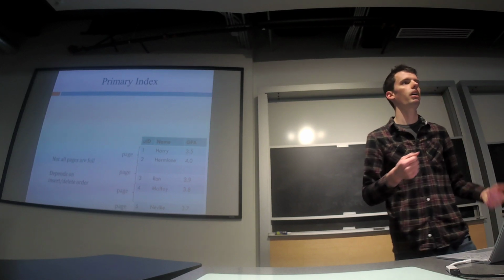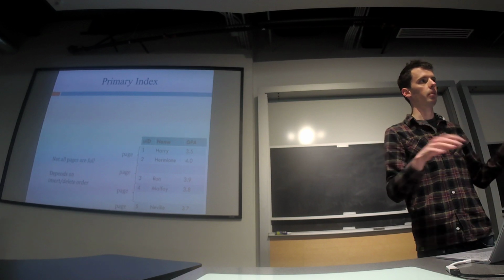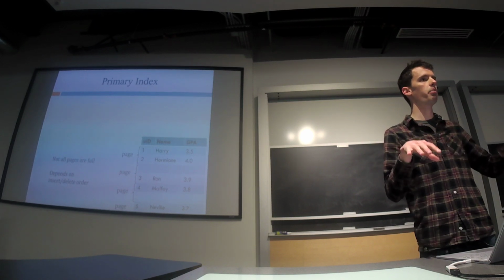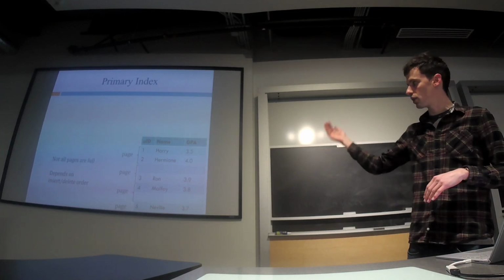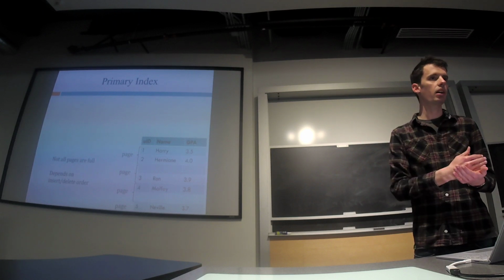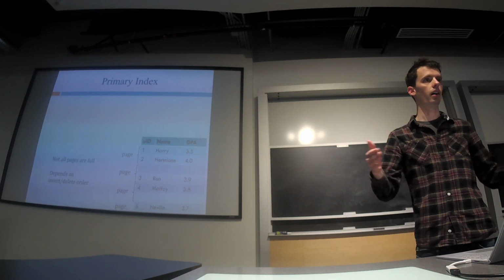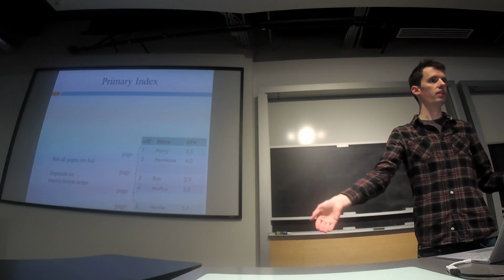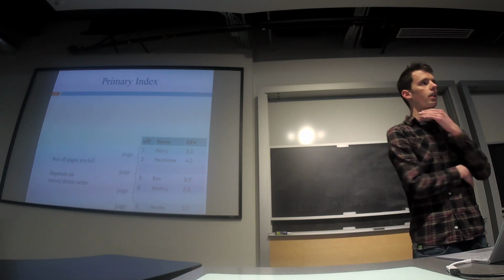Anytime I have to split a node to make room, I'm going to end up with 2 half-empty nodes, 2 half-empty pages. The way that looks, if we draw it as an actual table, is the record for Hermione might not be right next to the record for Ron on the disk. There might be plenty of space in between them. Okay.